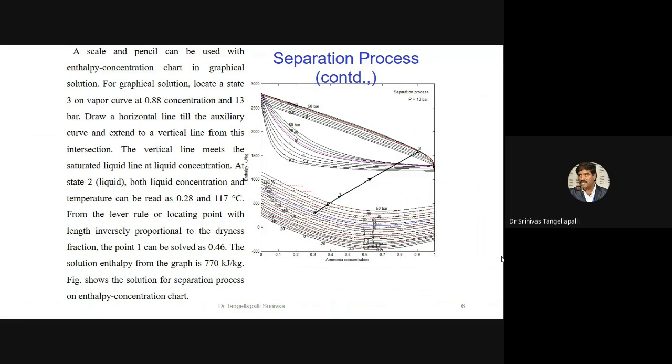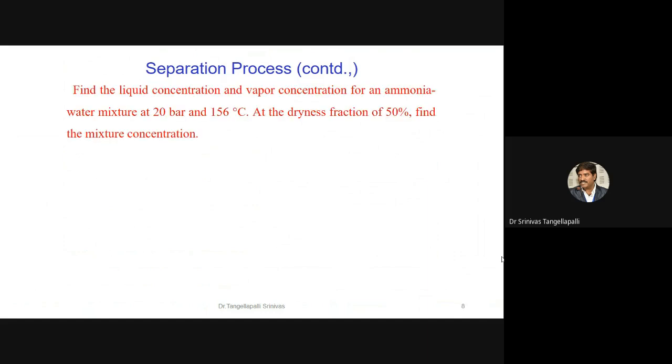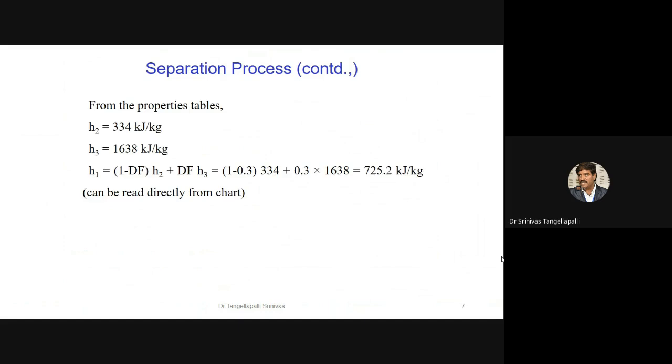Easily you solve the problems using Mollier charts. Similarly here also you can go for this graphical solution, or there is another option. As I showed these property tables, you may use the tables, pick the properties and solve accordingly. I will show one here.